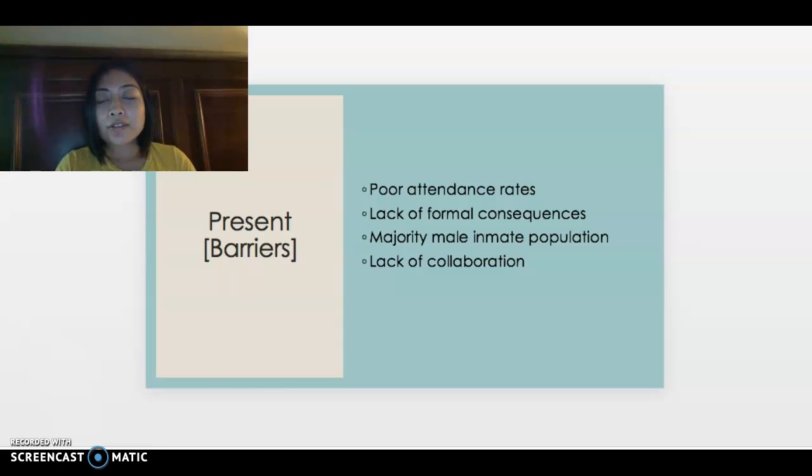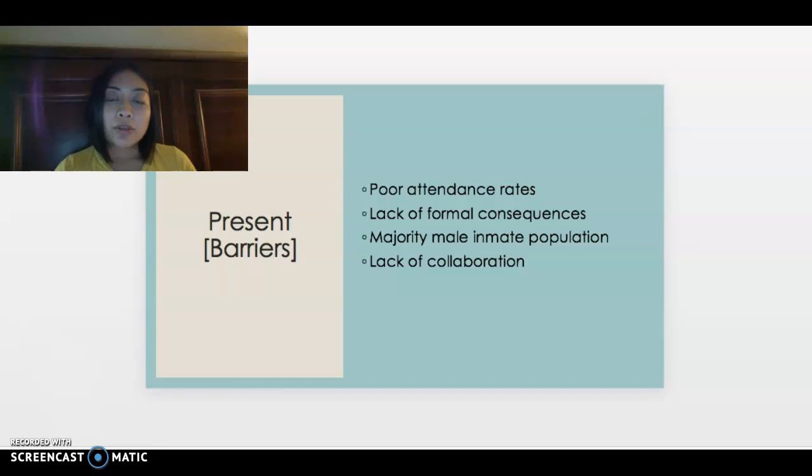A lot of the reasons for this poor attendance rate is because of lack of support and lack of formal consequences for their lack of participation. So, in order to have formal consequences, the criminal justice system would have to be involved, but it has not been established beforehand.